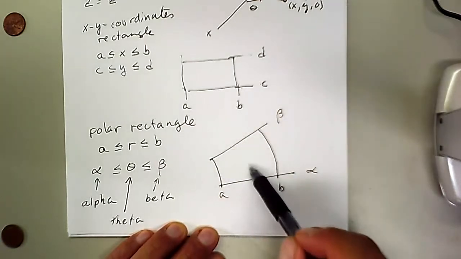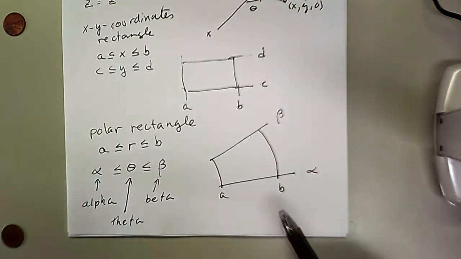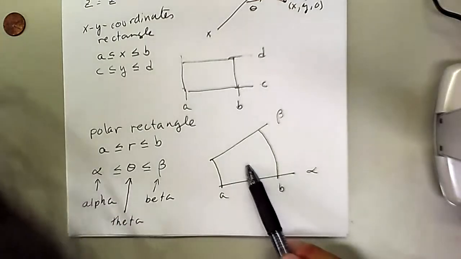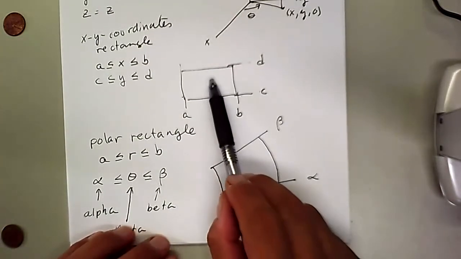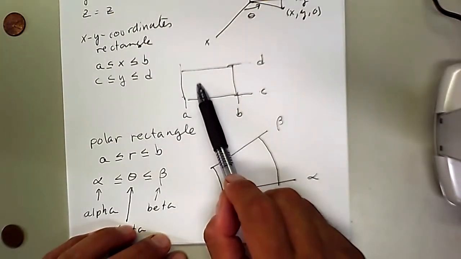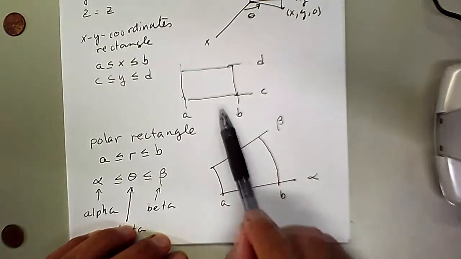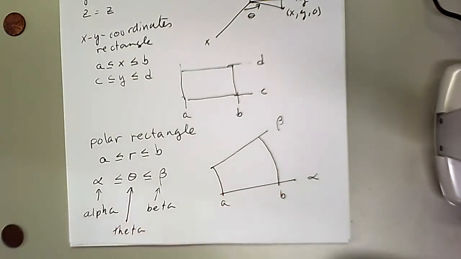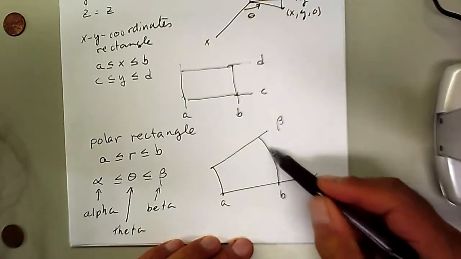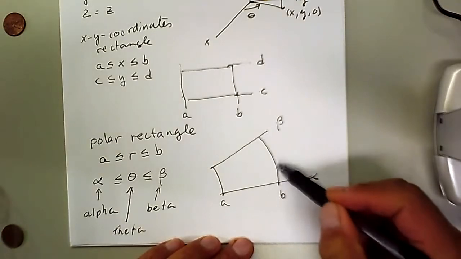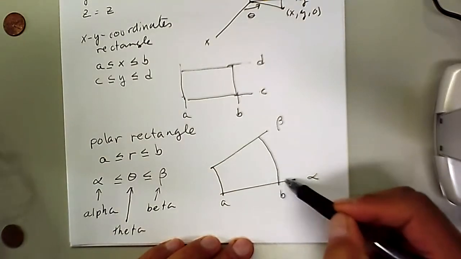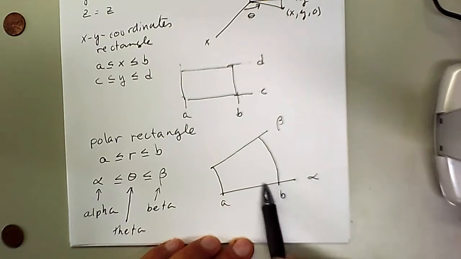So this is a polar rectangle as opposed to an xy rectangle. So the concept of rectangle can change. Now if you take the tangent of this curve at that point, it will make a right angle with the boundary here.